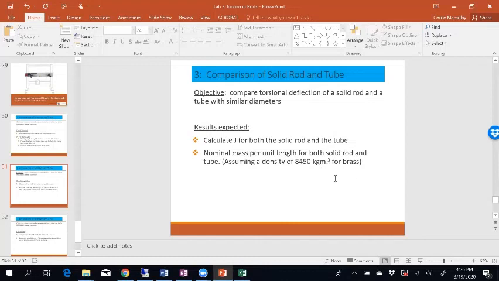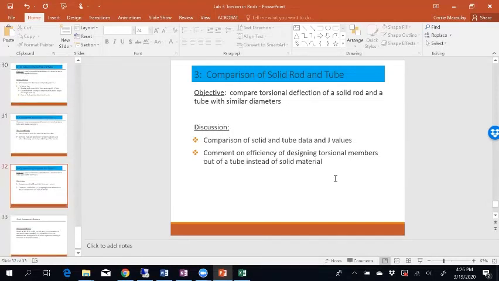Maybe you might be able to use that in some of your discussions or analysis. In the comparison of the J values, you're going to notice that there is a difference, which of course is obvious, because one is solid, with the same outer diameter hopefully, and the other one is hollow. For the hollow rod, you're subtracting the J for that inner part. So you're going to have different J values.